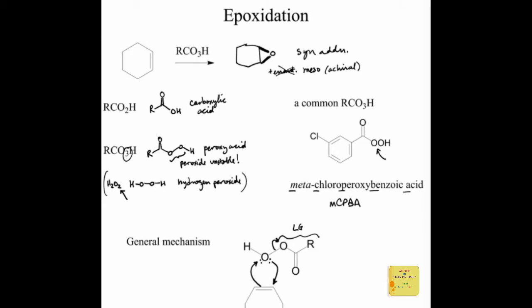In this case, we're seeing that this would be a way to form a three-membered ring with oxygen, and not as an intermediate, but as a final product. Okay, so this mechanism happens again because it is concerted, because both of those bonds happen in a single step. That's why they must come from the same face. We get syn addition. It's concerted, so we have syn addition.